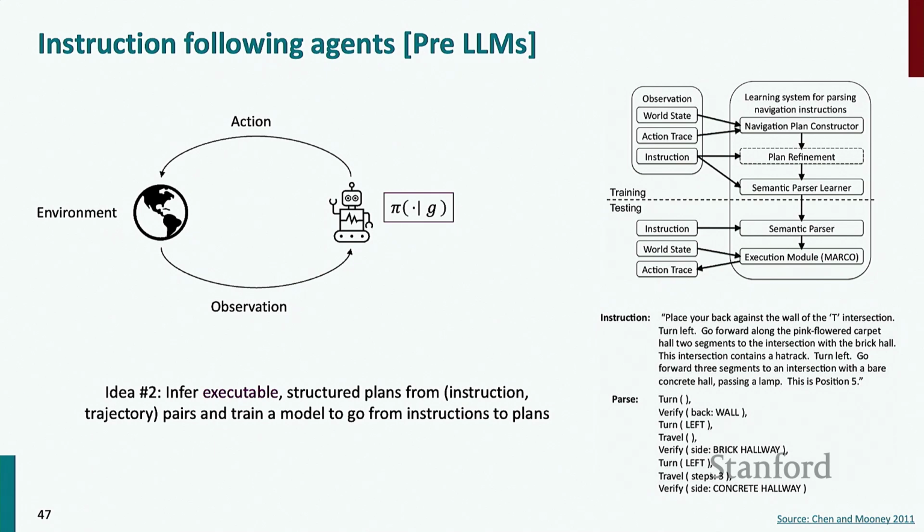And then once that's trained, at test time, given a completely new instruction, you would run the semantic parser, get this plan, and then execute it in this execution model. And I have an example of an instruction and a plan from this 2011 system.